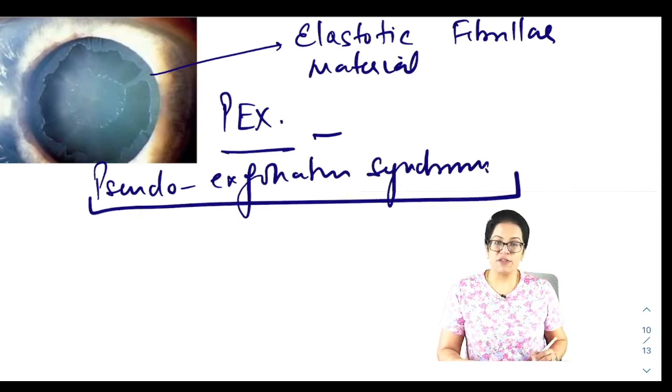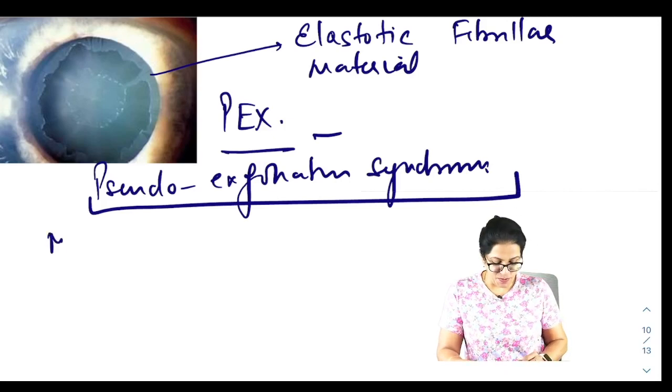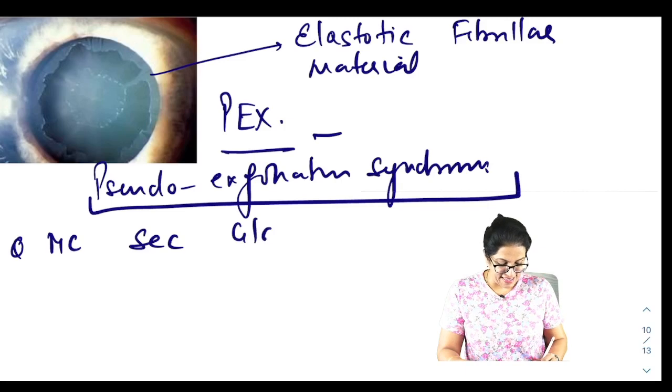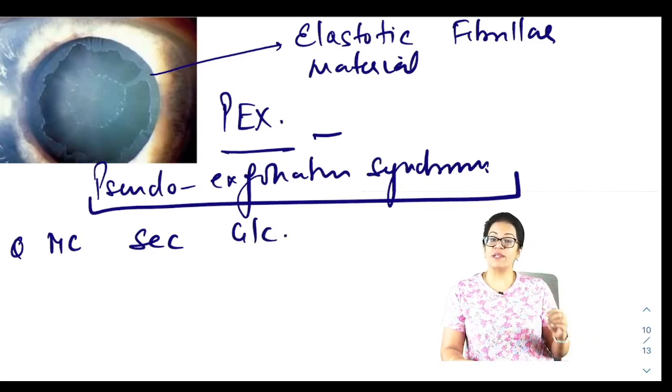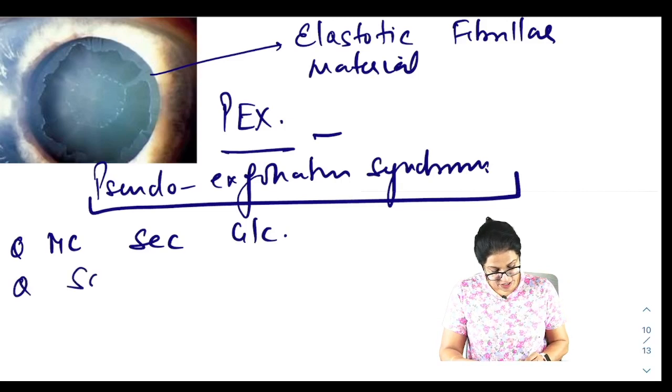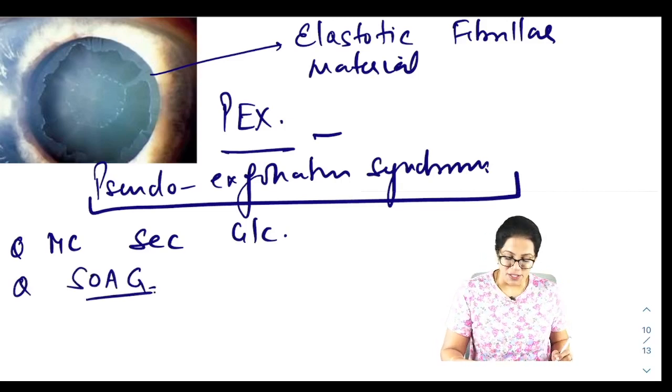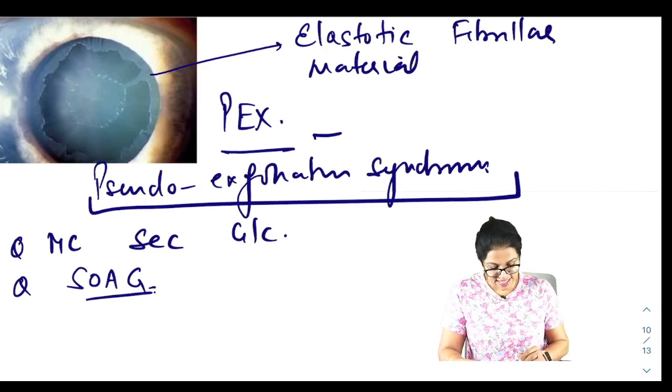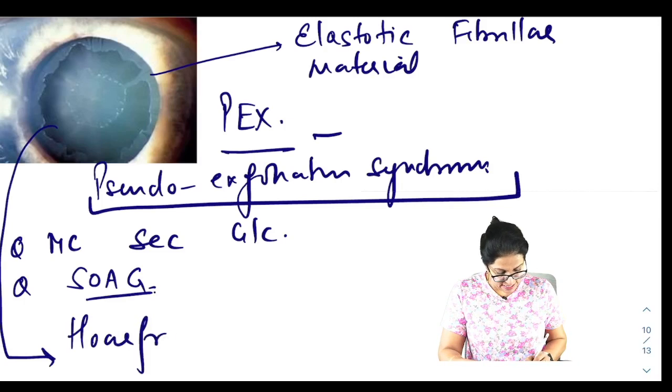What are the things you have to remember here? This is one of the most common causes of secondary glaucoma. The same material is going to block the trabecular meshwork. So it leads to secondary open angle glaucoma because there is a blockage in the trabecular meshwork. And what is the sign known as? What you are looking at is called either hoarfrost sign or target sign.